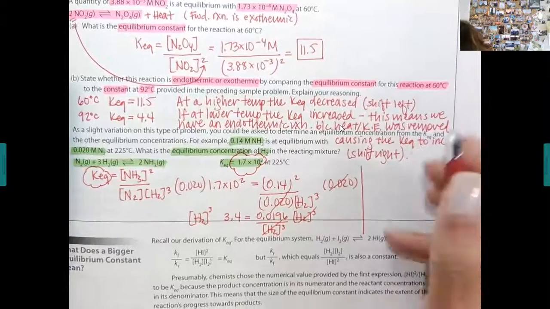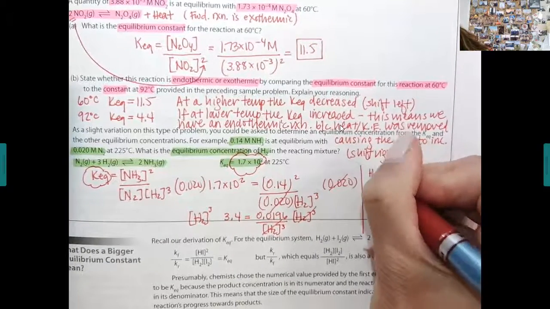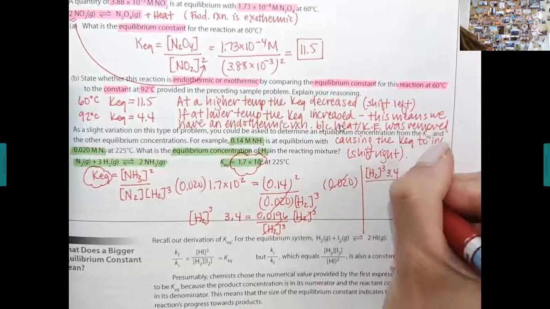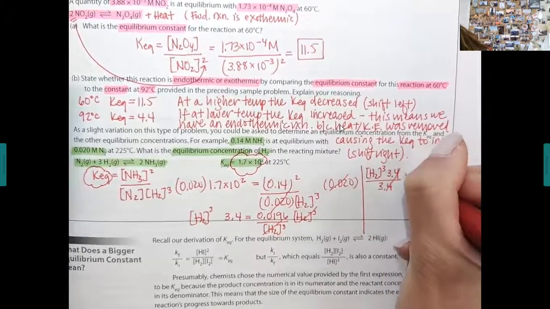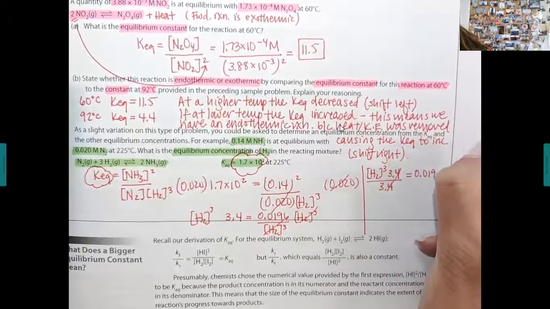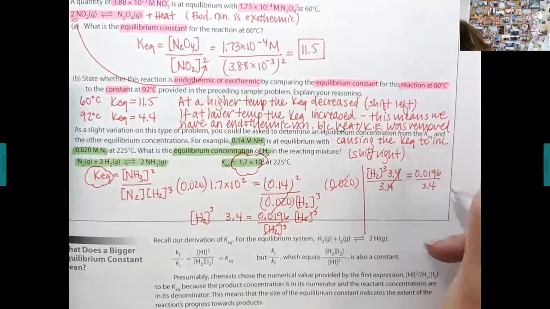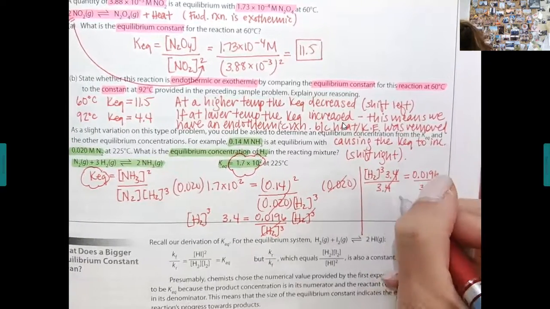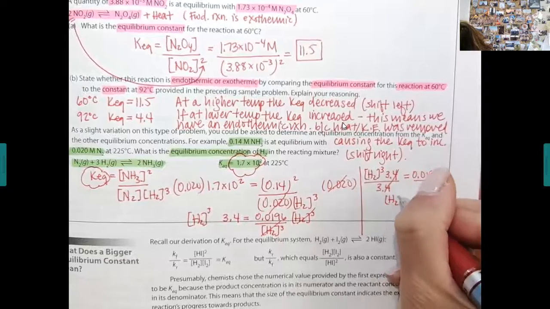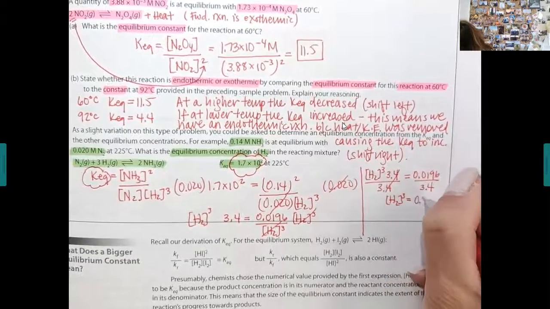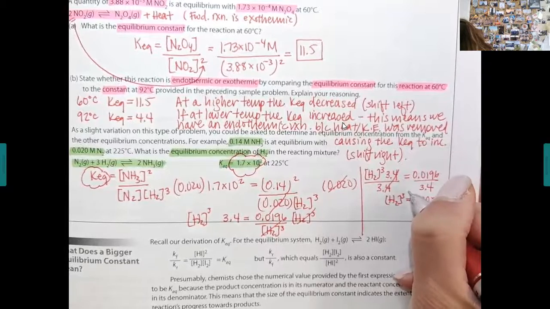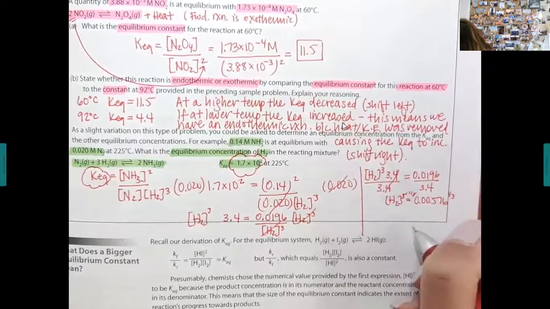And then I would divide both sides by 3.4. And then I would raise it to the 1/3 power to cancel that.